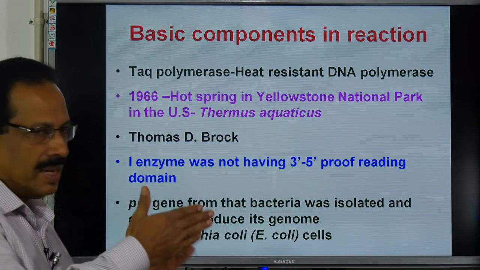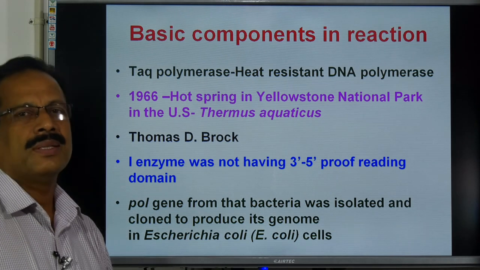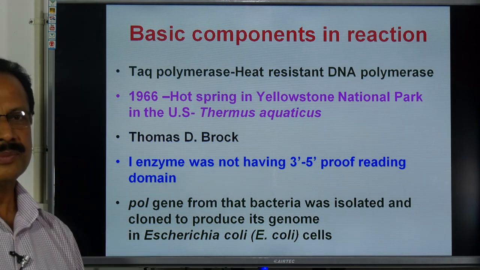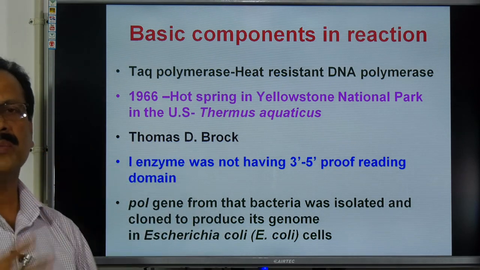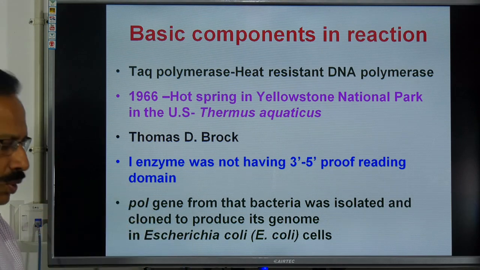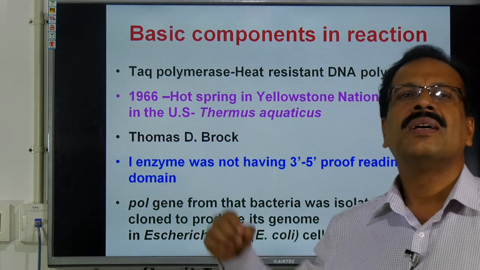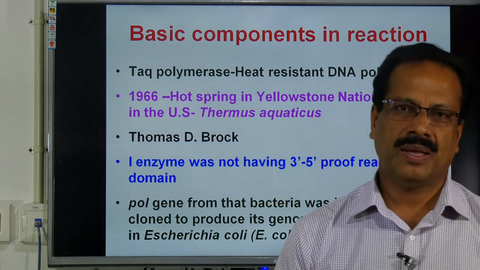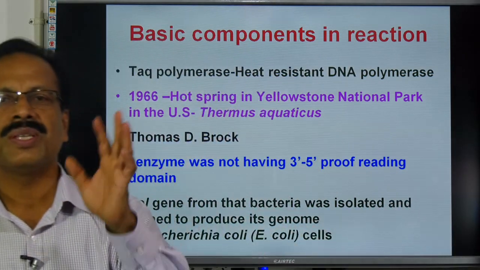Because when this nucleotide addition happens, there can be a risk. By mistake, the enzyme can add another wrong base there. So it needs to be proofread and removed. Some of the DNA polymerases didn't have this proofreading property, so we cannot use that enzyme.